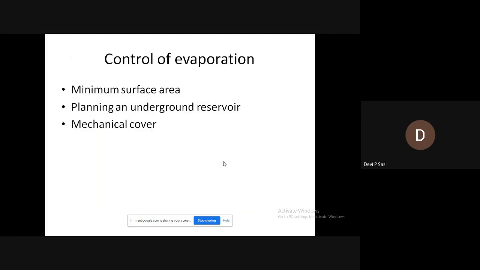And the last one is mechanical cover. It acts as a barrier between the water surface and the atmosphere so that we can control evaporation. That is about control of evaporation.